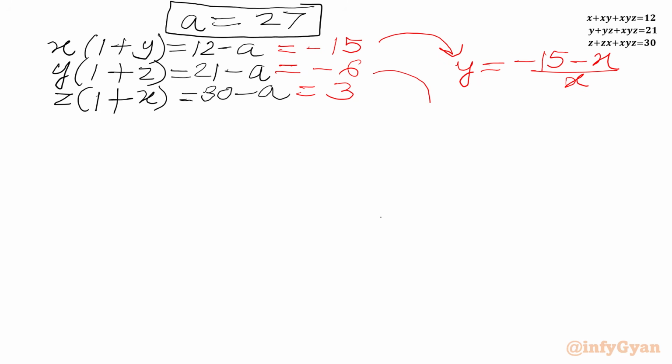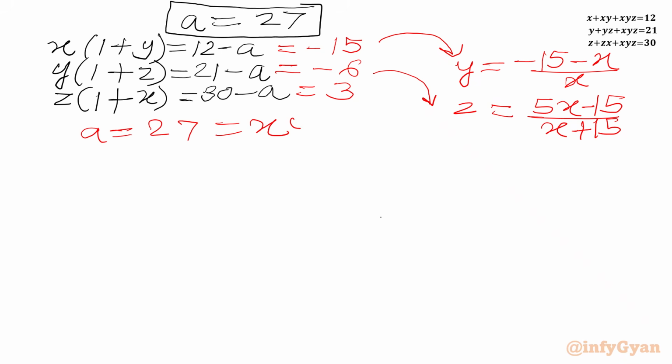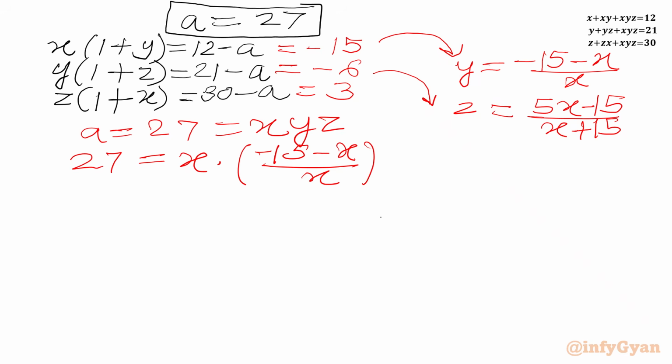Z from the second equation, z will be equal to (5x minus 15) over (x plus 15).